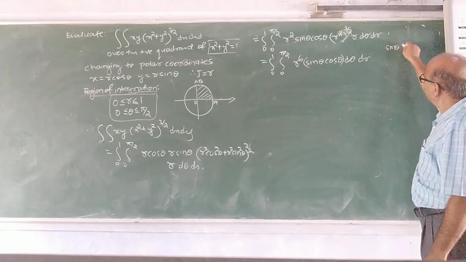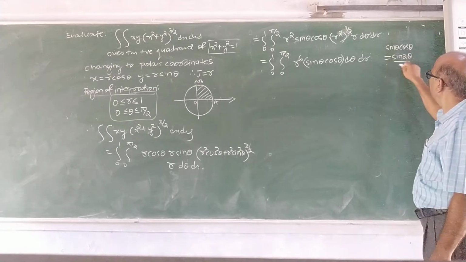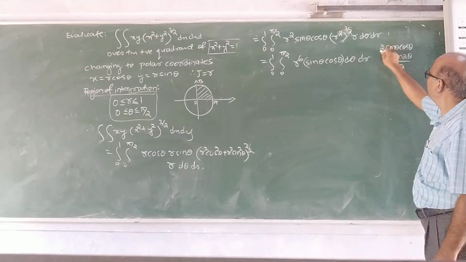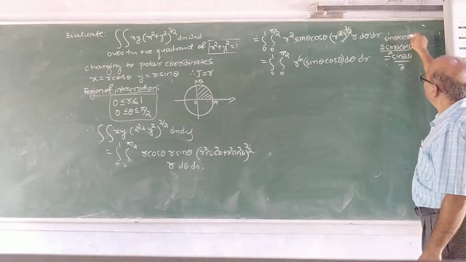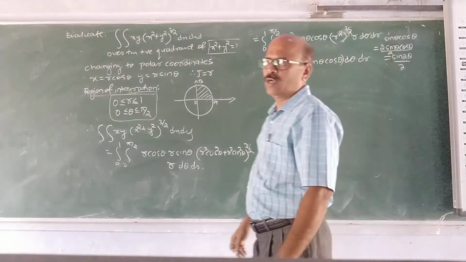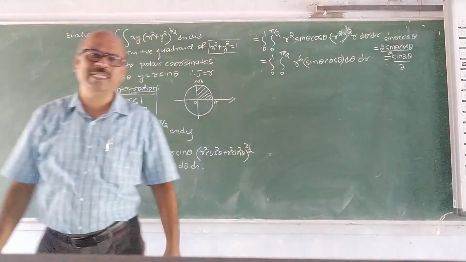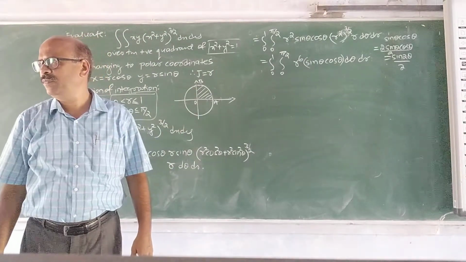Sin theta cos theta, first we write this as sin 2 theta by 2, means multiply by 2 and divide by 2. Sin theta cos theta is sin 2 theta by 2, because we know the integration of sin a theta or sin ax plus b is known.